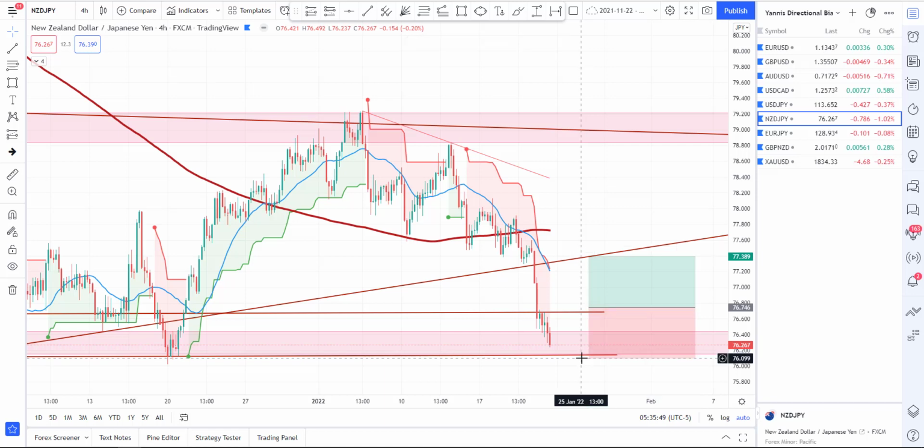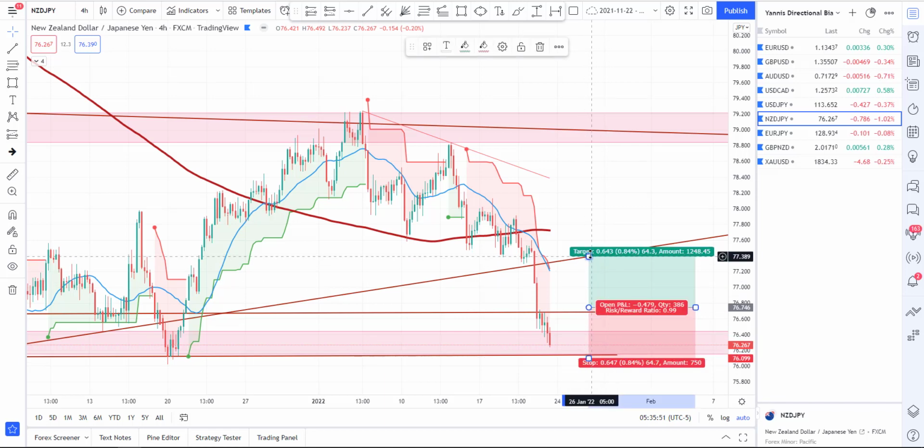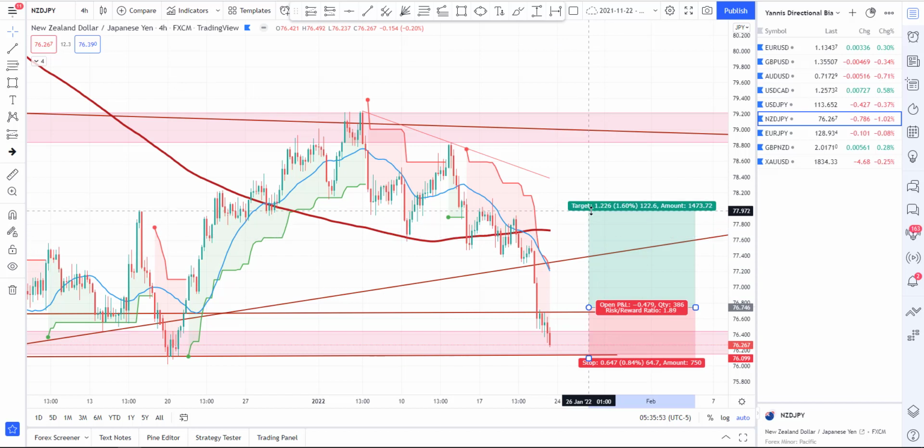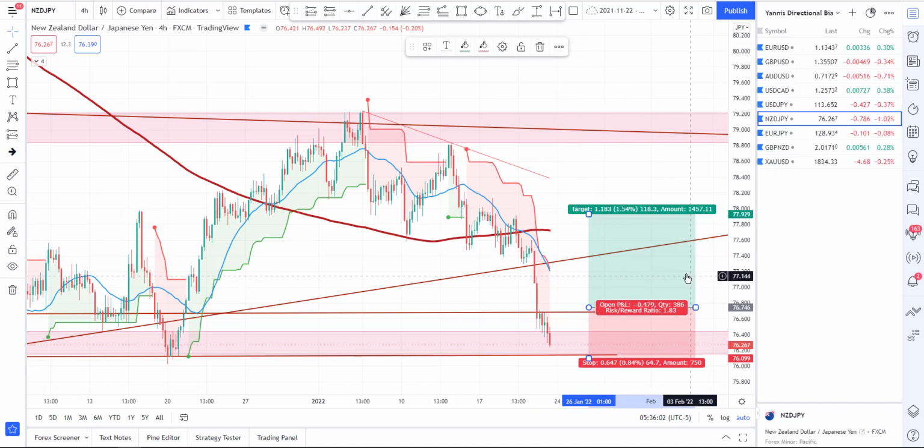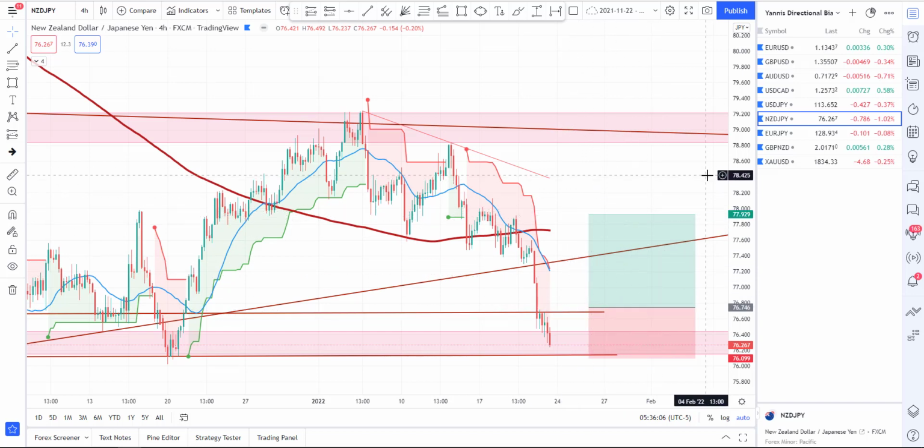I would keep that here, and my target would be somewhere here in the whereabouts of the previous highs and that round price 78. That's a very good risk to reward ratio again. So that's scenario number one.